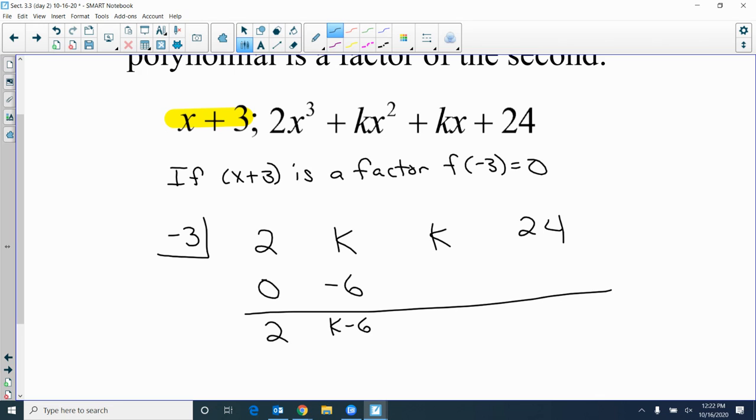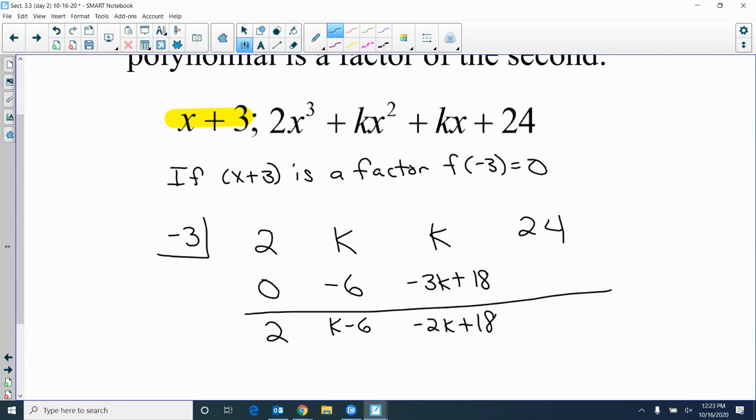K minus 6. Take that expression times negative 3. Follow your rules. Negative 3 times k is negative 3k. Negative 3 times negative 6 is plus 18. Add those two together. So that's going to give me negative 2k plus 18.